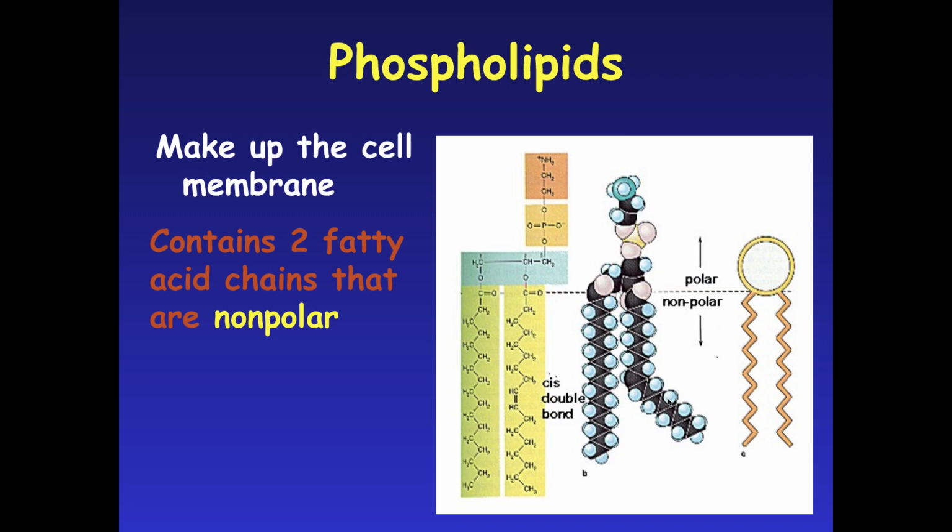We looked at these in unit 1. The different macromolecules that we looked at, proteins, lipids, carbohydrates, nucleic acids, the 4 main macromolecules that make up life. So we've got 2 fatty acid chains, and of course, this is a lipid, so it's also attached to a glycerol molecule as well.